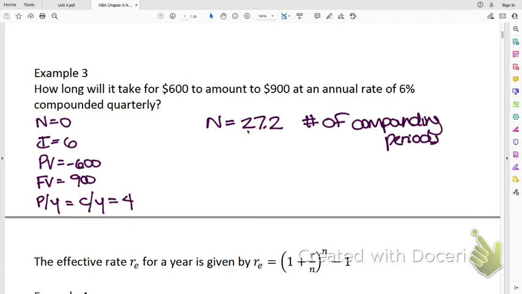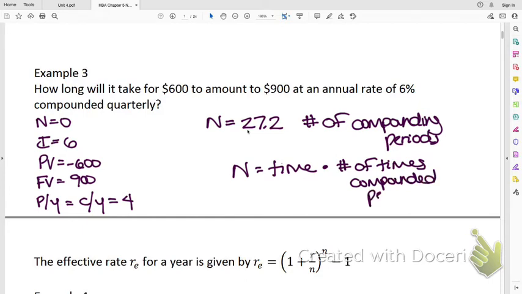How have we been entering N in so far? N is the time times the number of times it's compounded per year, right? When we plugged in N in examples 1 and 2, we got N by taking time times the number of times compounded per year, right? Which part of that do we know right now? Do we know the time or do we know the number of times compounded per year? Right. In this problem, how many times is it compounded per year? 4.